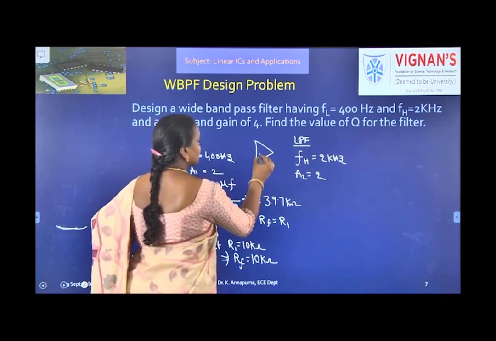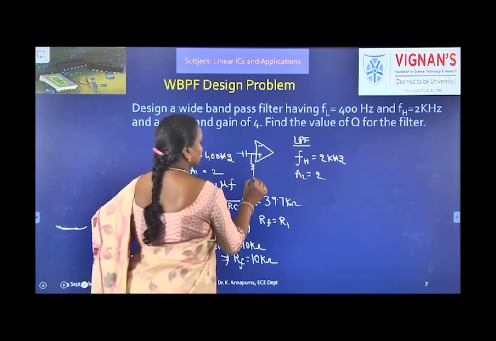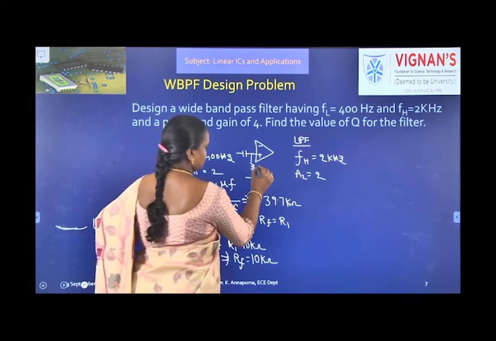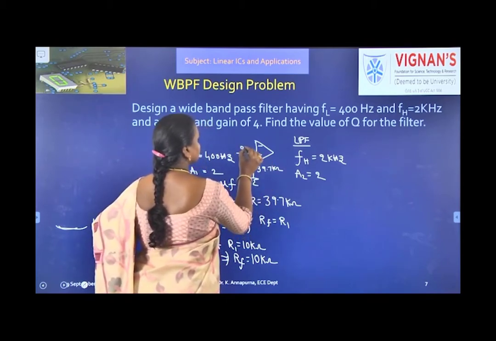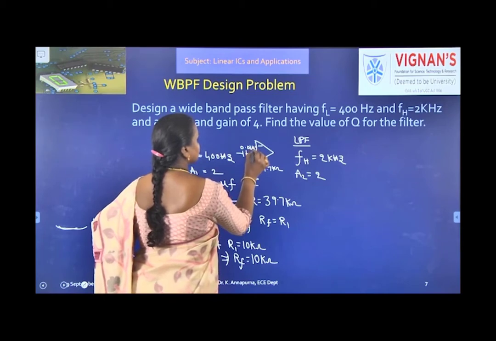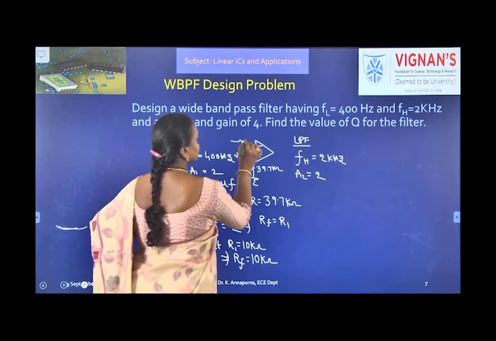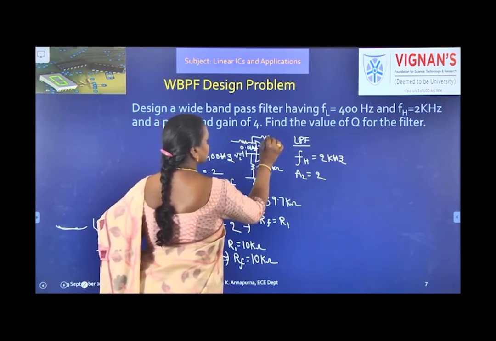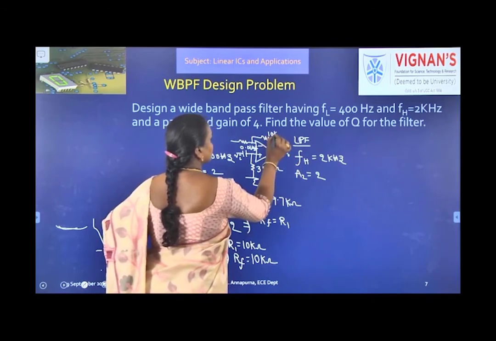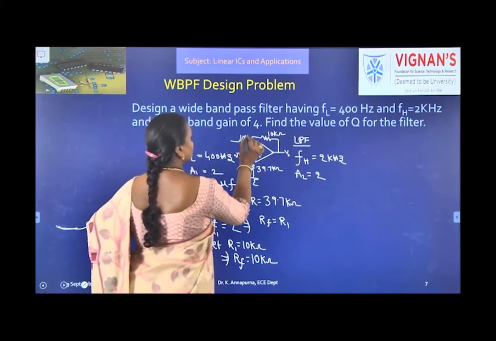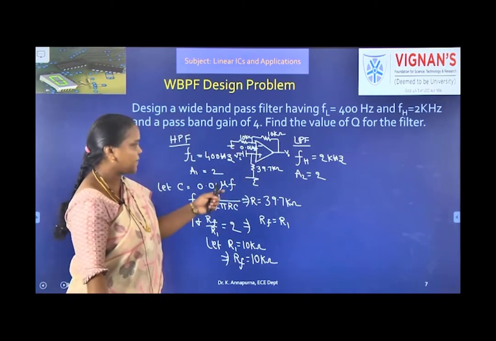Anything is pending, you check. This is 10 kilo ohms. This is also 10 kilo ohms. Right? All component values are found for high pass.